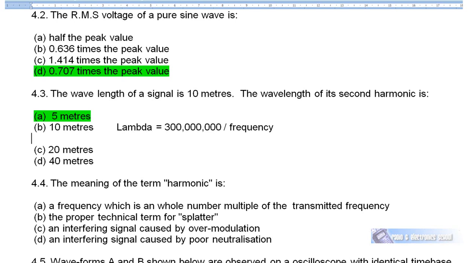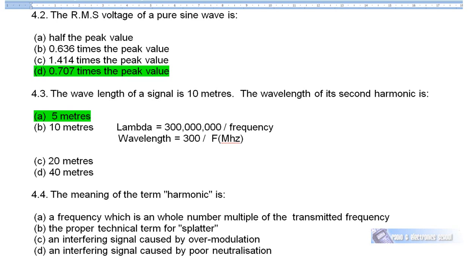Now, that's a little bit cumbersome for us to use in radio because the 300 million is the velocity of light in meters per second. If we want to use frequency in megahertz, we can make the numerator of our equation 300 divided by f in megahertz.